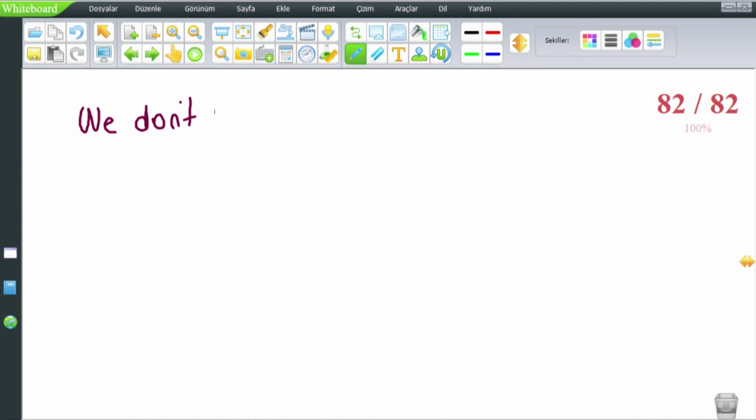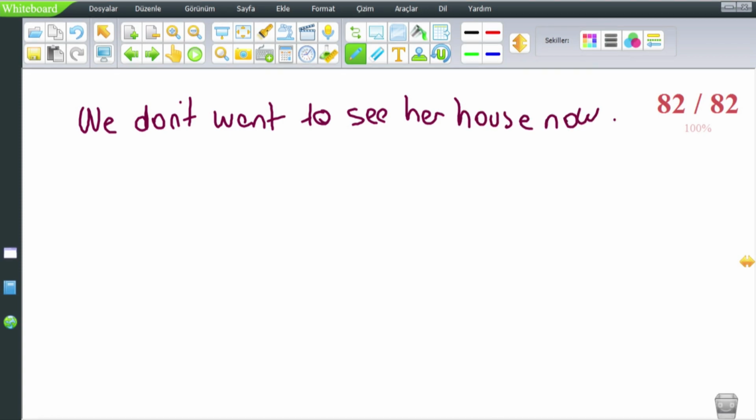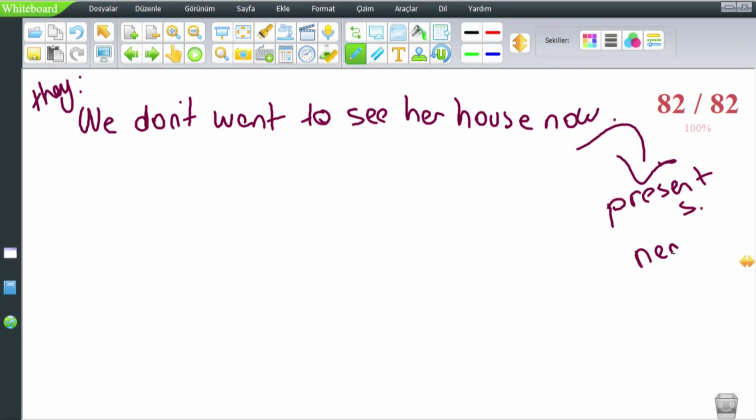We don't want to see her house now. Tense of this sentence, present simple. And it is a negative sentence.